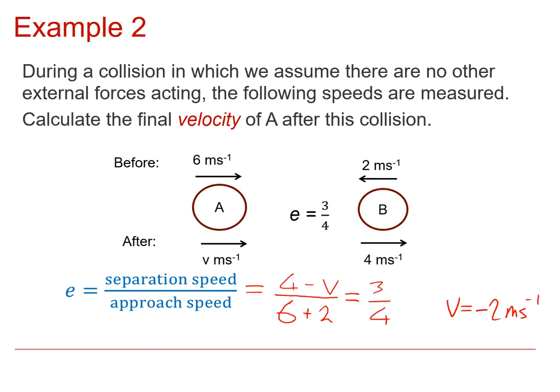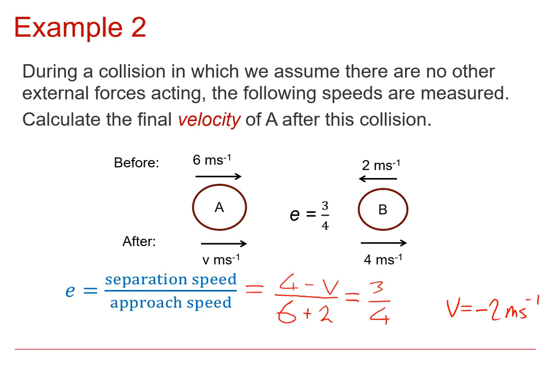So the thing to realise about these problems is that we don't know beforehand what direction. We don't know whether that object is going to be moving to the right or to the left after the collision. We know it's going to be separating from the other object, but it can still be getting further away from the other object, even though they're both going in the same direction. It's just that other object is going to be going faster.